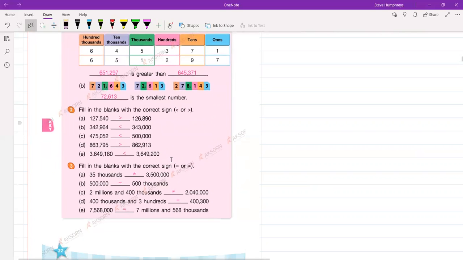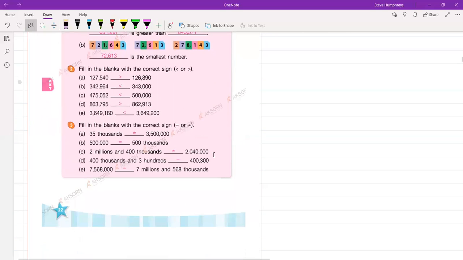Number 2, A, B, C, D, and E. Write the correct symbol on the line. Greater than or less than. And number 3, fill in the blanks with the correct sign. Equal or unequal. You're comparing these two numbers. Okay, see if you can do those and write them in your book.